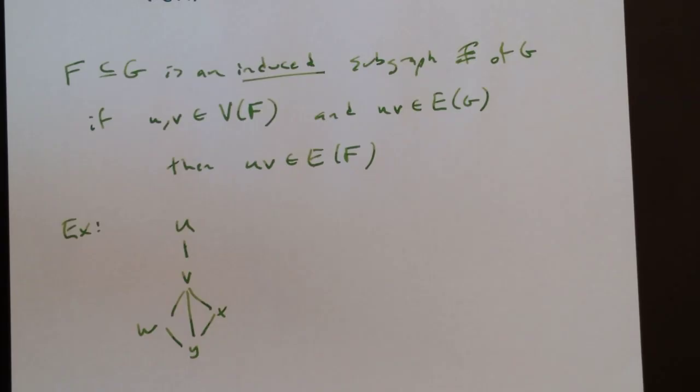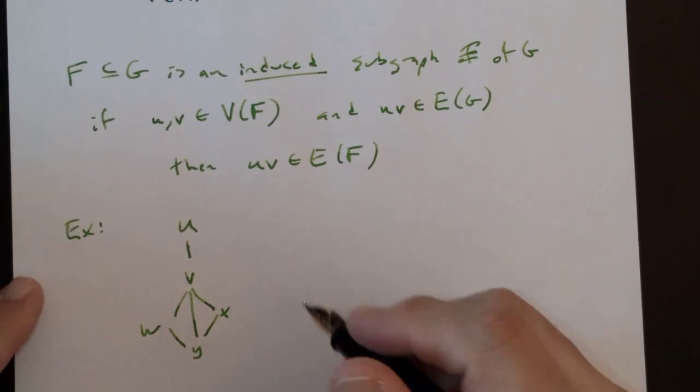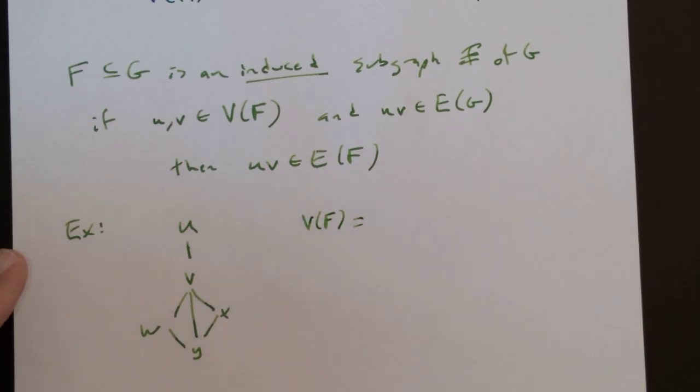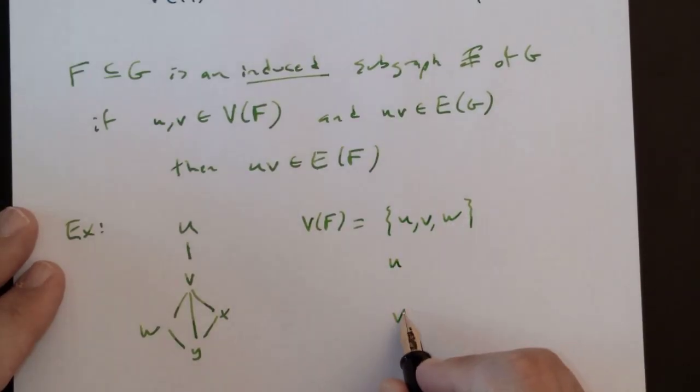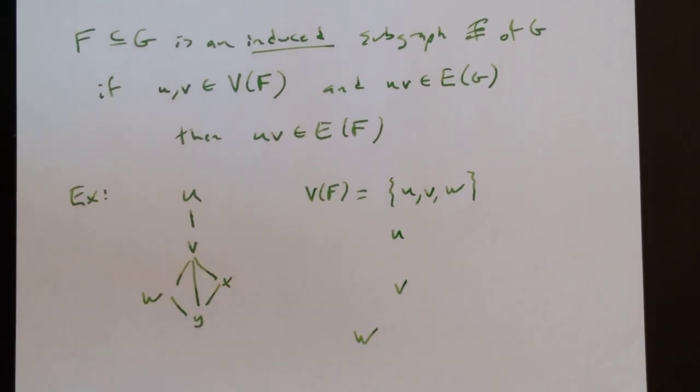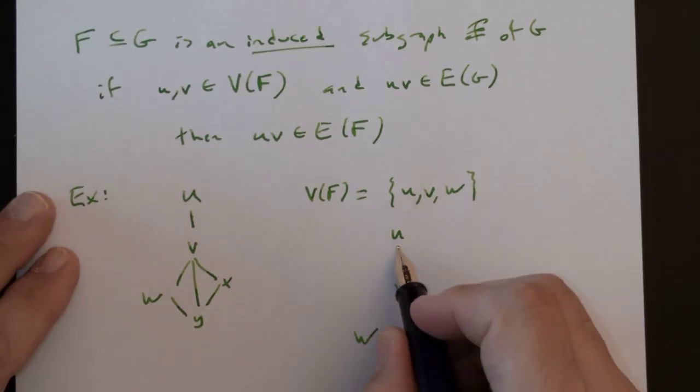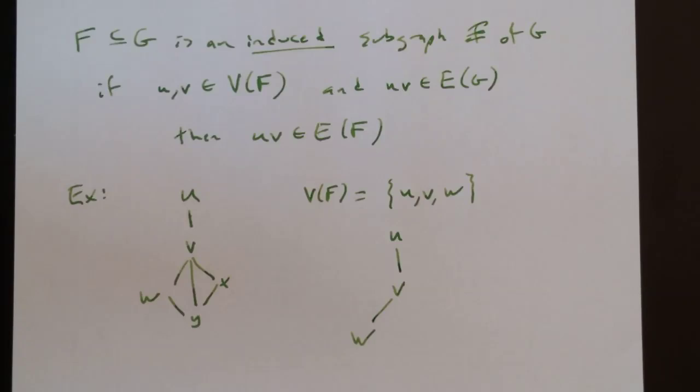We'll throw the other 2 out. Now, here's the deal. By saying I want the induced subgraph, I decide which edges will go here by asking which edges from the original graph still connect these things. Those are the only edges I'm allowed to use. So this will end up only having those 2 edges.